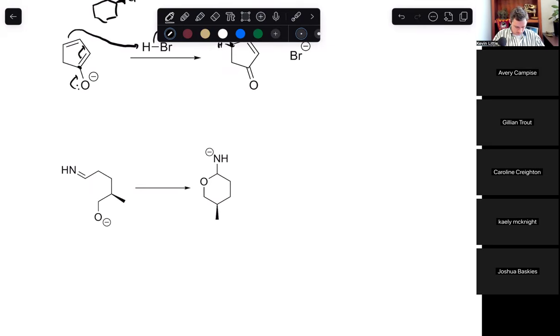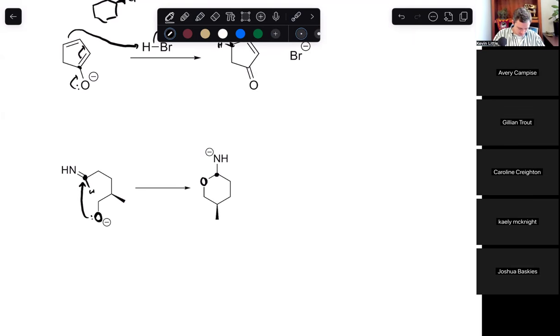This is a cyclization. So again, I'm going to look at the negative charge. That's probably where my arrows are going to start. I'm going to push from a negatively charged thing. And notice I know that this oxygen in the final product is bound to the carbon connected to the nitrogen. So it makes sense that that oxygen would attack that carbon.